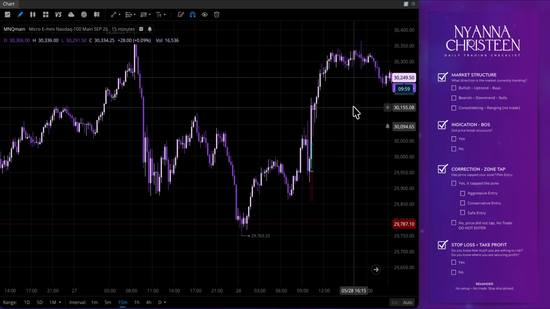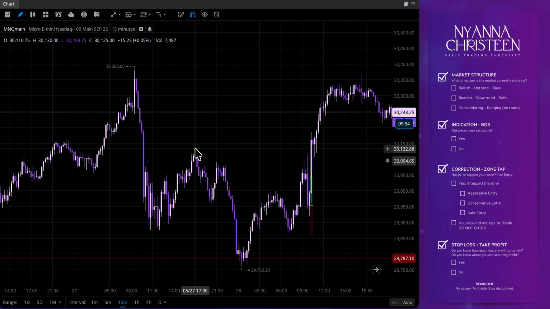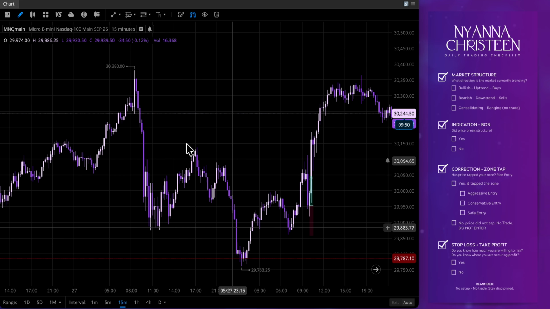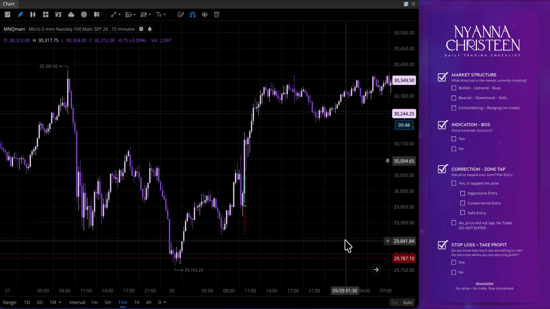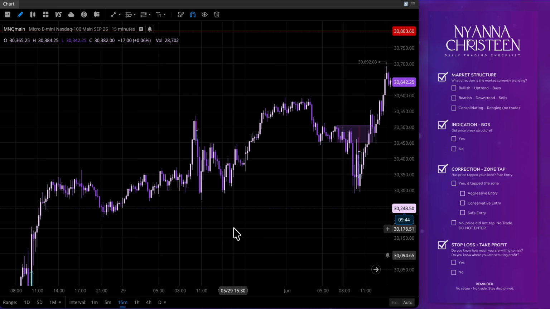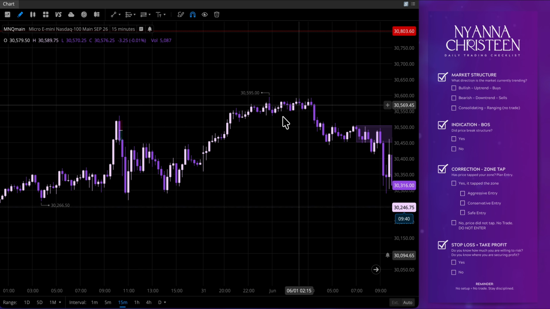For example here, we have a high, we have a low, we have a lower high, we have a lower low. So this would be an example of a downtrend. Right? And then let's do this. This was actually a perfect example. We can even just focus here.